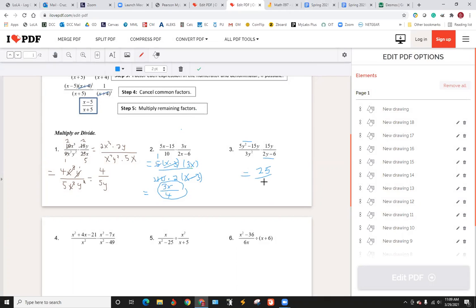So you see how most of these, all of them simplify down to something very simple without having to do any multiplication.